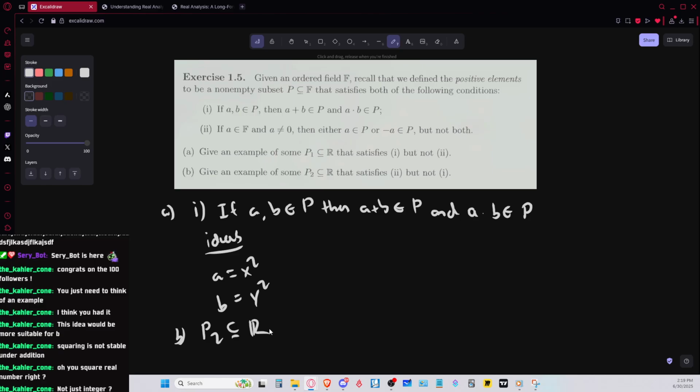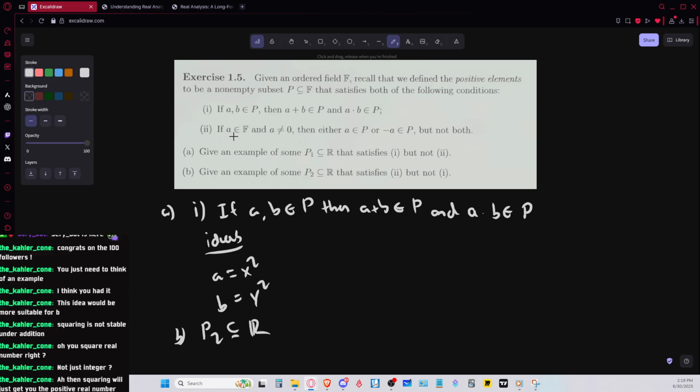But I'm trying to make sure that it doesn't fit into the second criteria, the field criteria: if A is an element of F and A is not equal to 0, then either A is in P or negative A is in P, but not both.